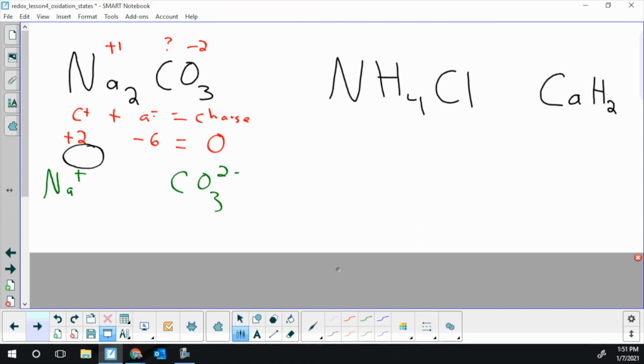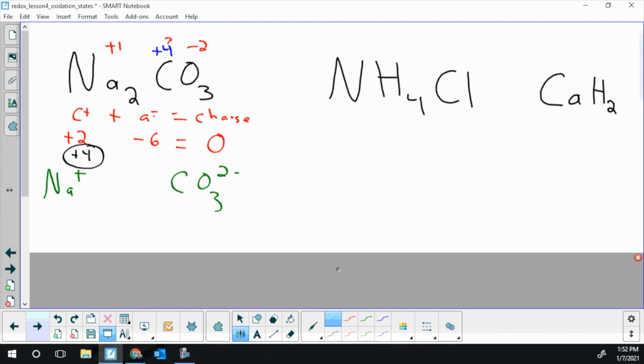So I need some more positives to get this to sum to 0. I need 4 more. +2, +4, and -6. They all sum to 0. So my missing oxidation number for carbon is +4.